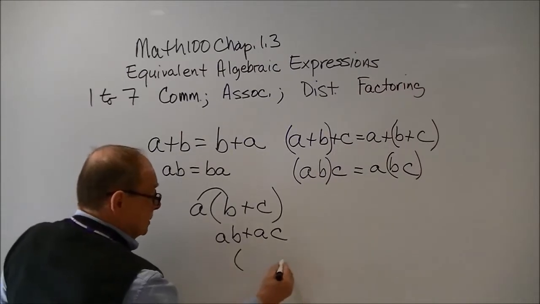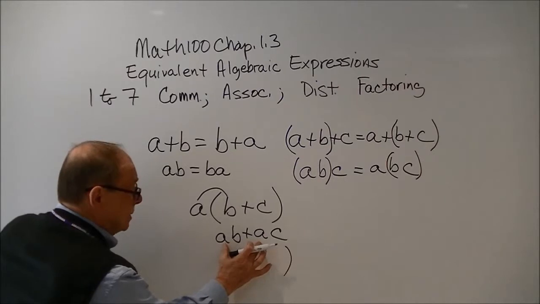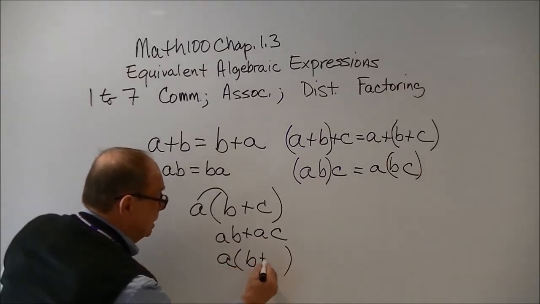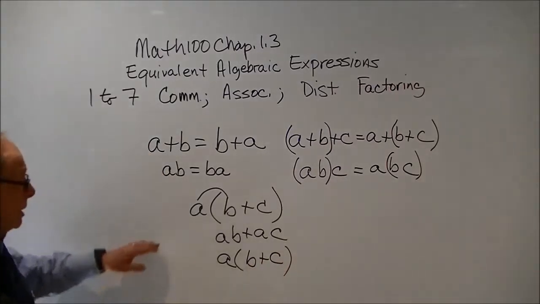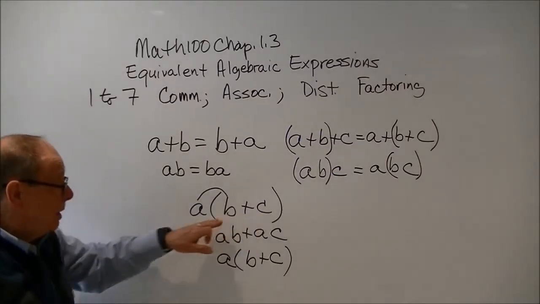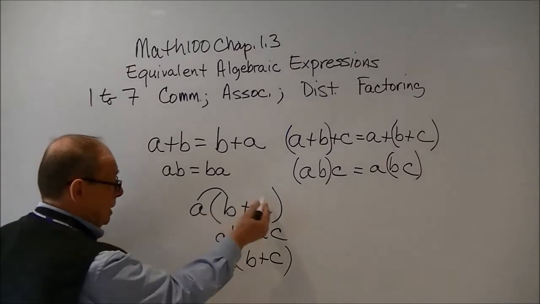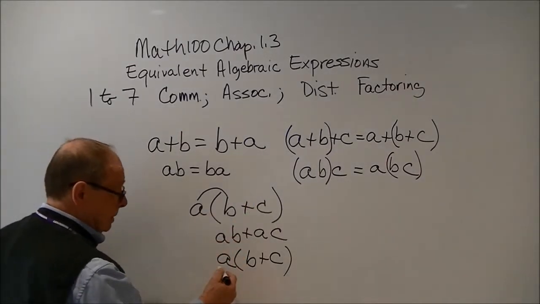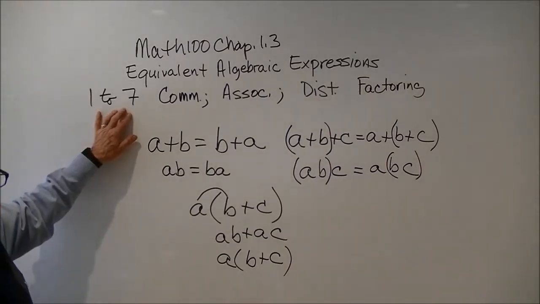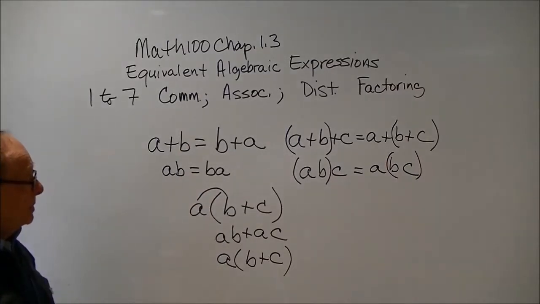So normally what we do is we put a set of parentheses there, and we're going to factor out this common A, and then what we're left with is B plus C. So in a sense, the reverse of the distributive law is factoring. So we go from here to there, or from there to there. And 1 through 7 is your challenge, and see if you can recognize which of the principles that are there.